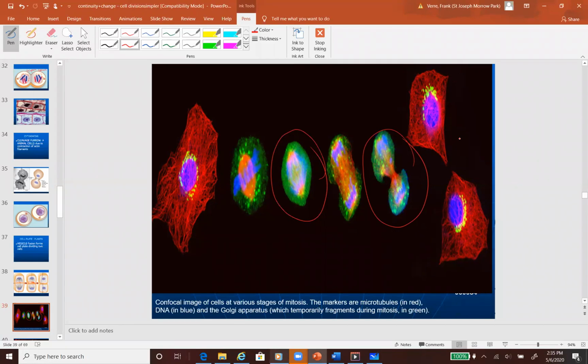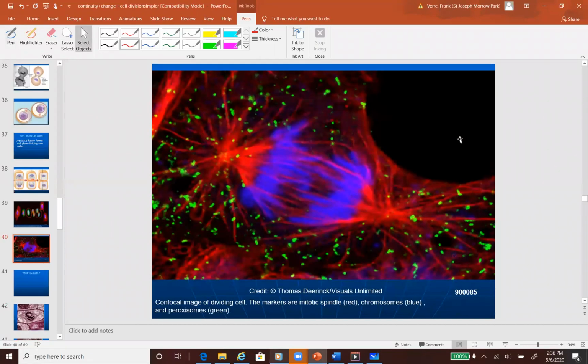Okay, very nice, beautiful image here. Here's a wonderful image where you can see anaphase. You can see the chromosomes being pulled to either end. All right, very nice. Chromosomes in this case are in blue, so you can see they're being pulled back to either side of the cell.